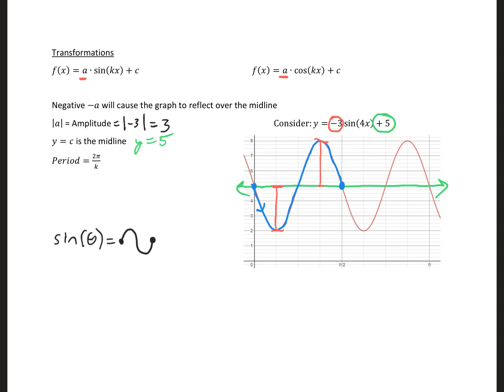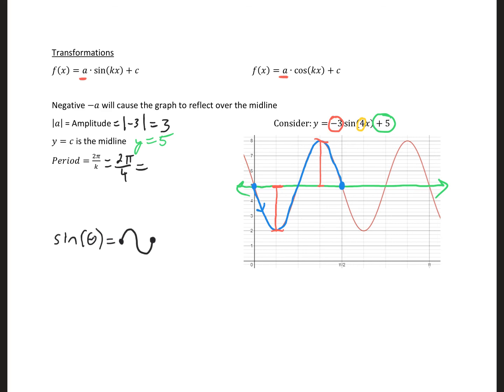The last value I want to talk about is this value of k. It dictates what the period of the graph actually is. The period will equal 2 pi divided by that number. So here, k is 4. The period is going to be 2 pi divided by 4.